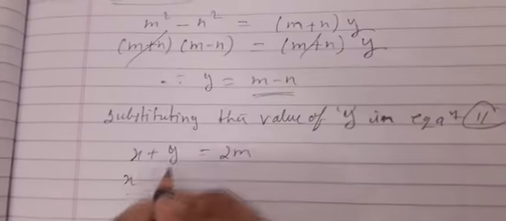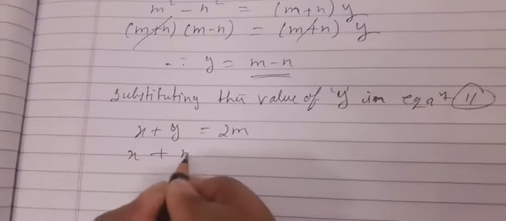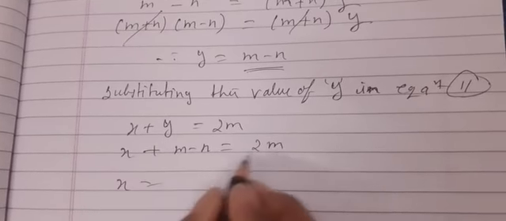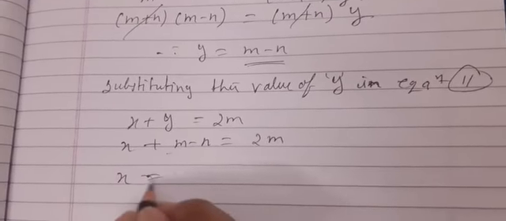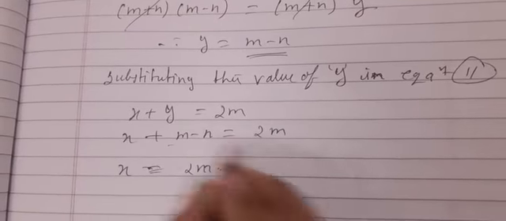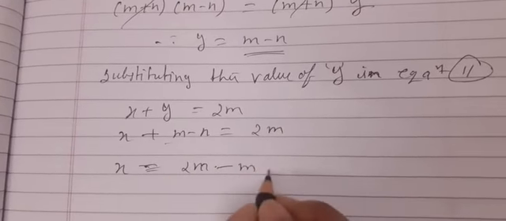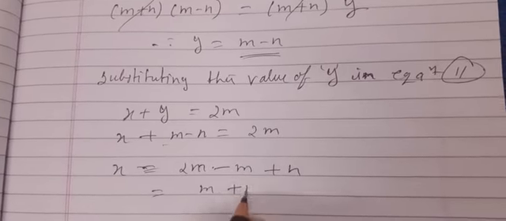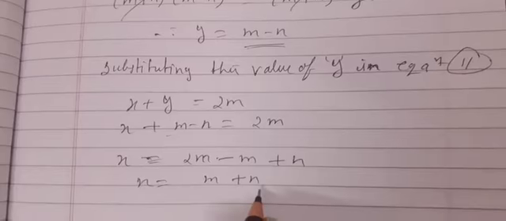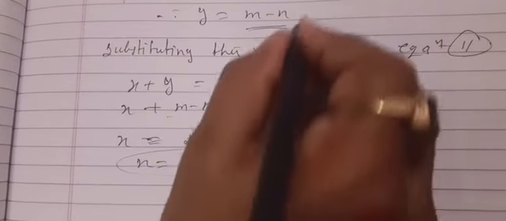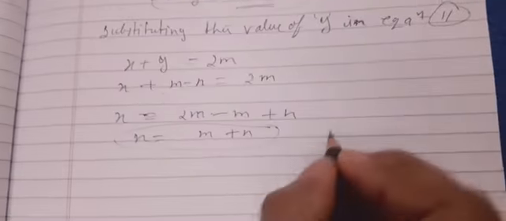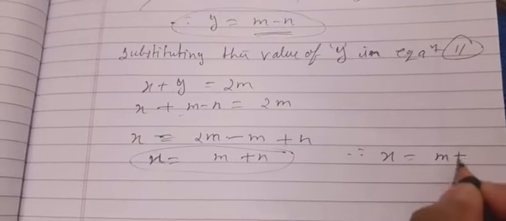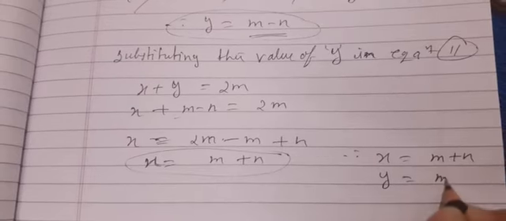Now we will put this value here, x plus m minus n is equal to 2m, therefore x is equal to, we will transfer this to that side, 2m, m with minus sign and n with plus sign, so 2m minus m is m plus n. Okay, so this is your answer. You may rewrite this, therefore x is equal to m plus n while y is equal to m minus n.